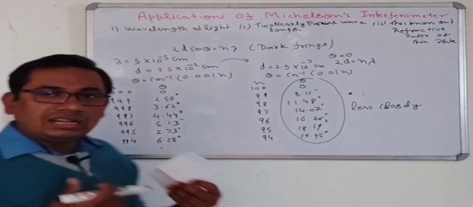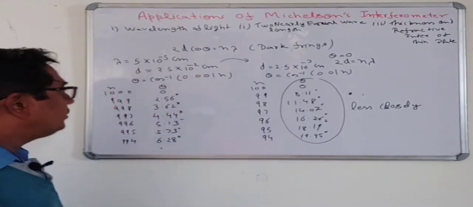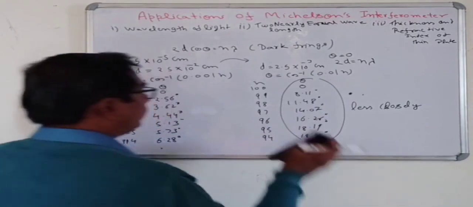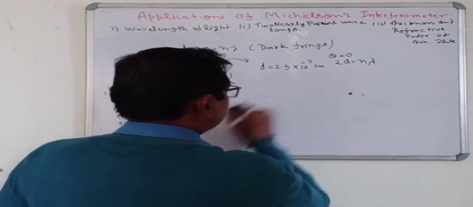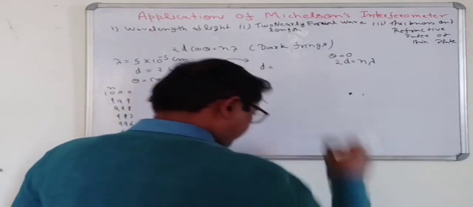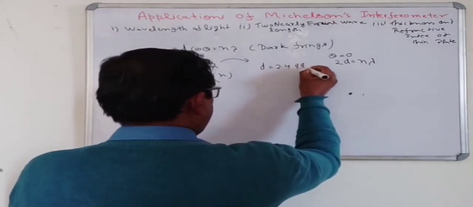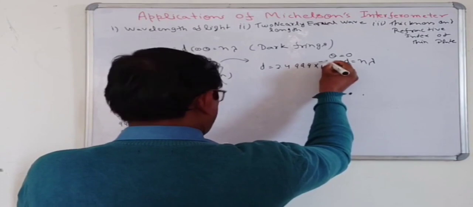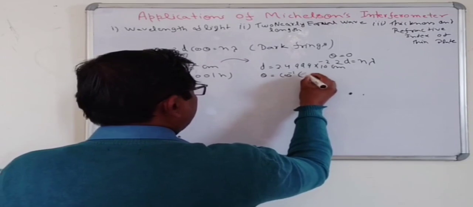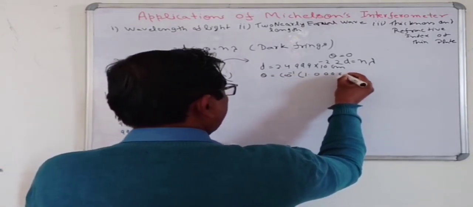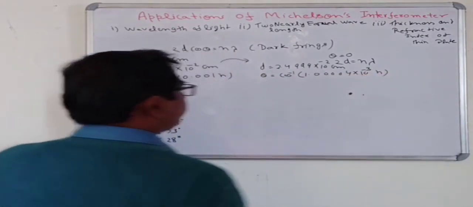Now suppose that d is decreased slightly, what will happen? Suppose we decrease the value of d to 2.4999 into 10 to the power minus 2 centimeter. The value of theta is equal to cos inverse 1.0004 into 10 to the power minus 3 n.